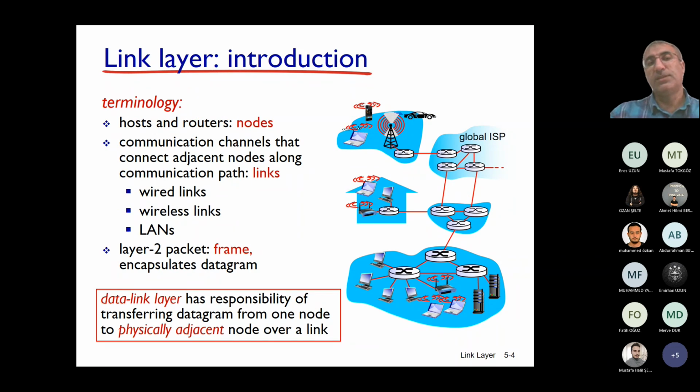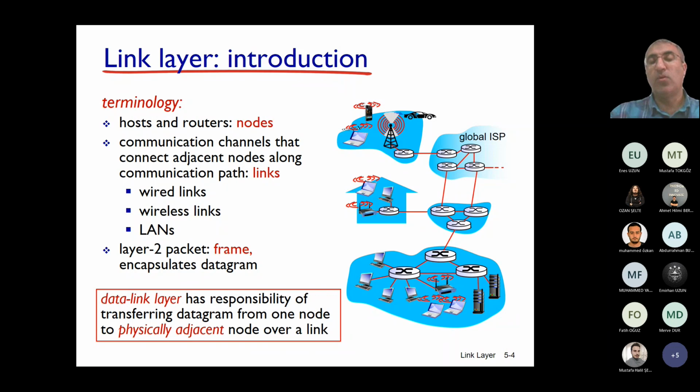Okay, so let's remember that we have such networks. And in this network, we have the hosts and routers, if you remember. These are the hosts, the end users, and these are the routers. In the literature of networking, we call these hosts and routers nodes.